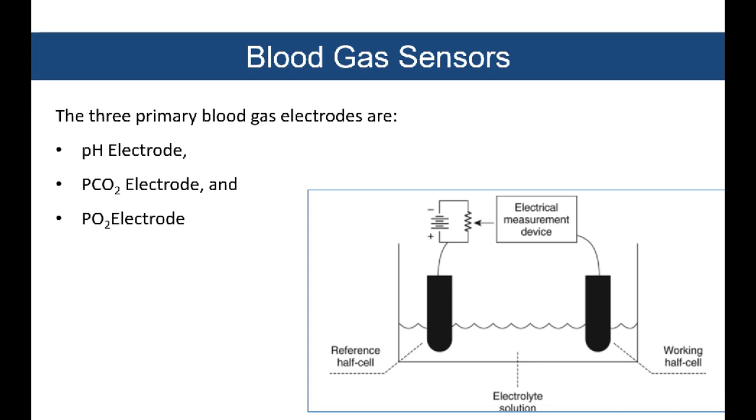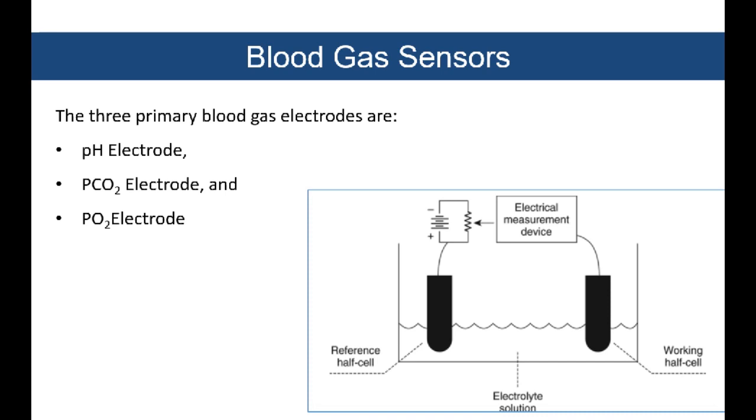In that we have three electrodes. First is the pH electrode, second is the PCO2 electrode, and the third is the PO2 electrode. These three are the primary electrodes used for blood gas measurement.